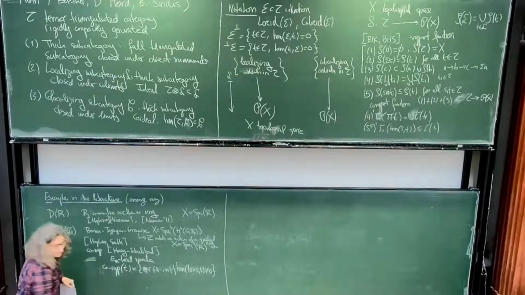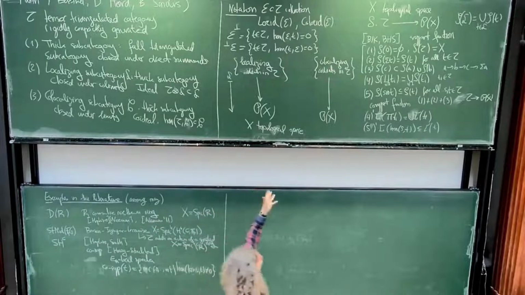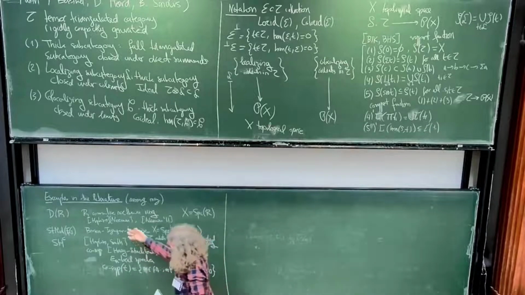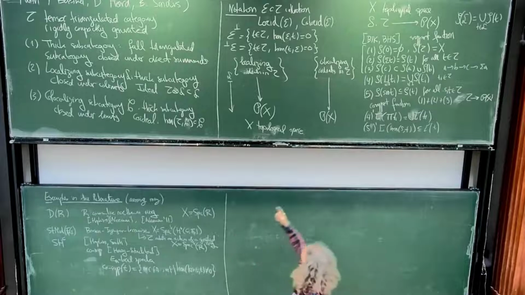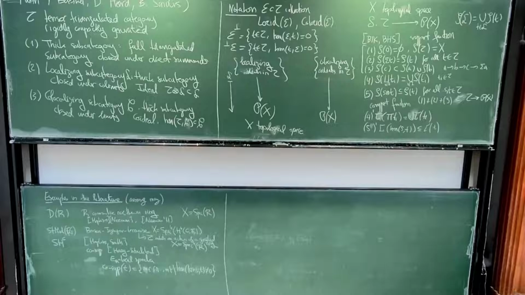So for each example, there is a different X in which you have support functions, and in these cases you end up having a bijection, so you can parameterize uniquely your localizing and colocalizing subcategories with subsets of X, and given a subset of X, you can reconstruct the category.